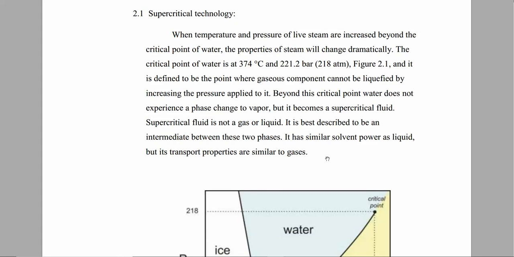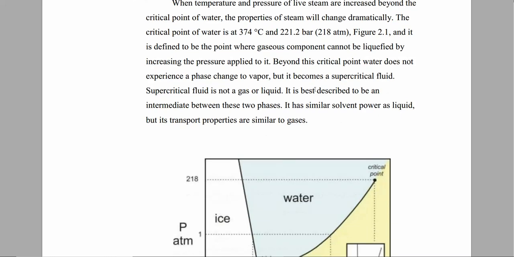The critical point of water is at 374 degrees Celsius and 221.2 bar, or 218 atm.